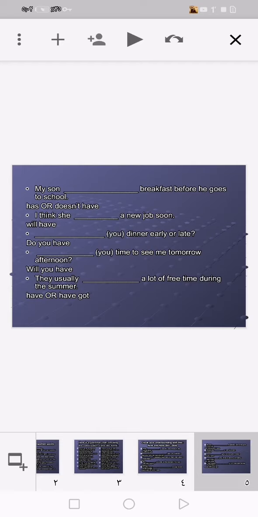We also explained the differences between have as a modal verb and have got, and their uses and construction in sentences, for beginners.